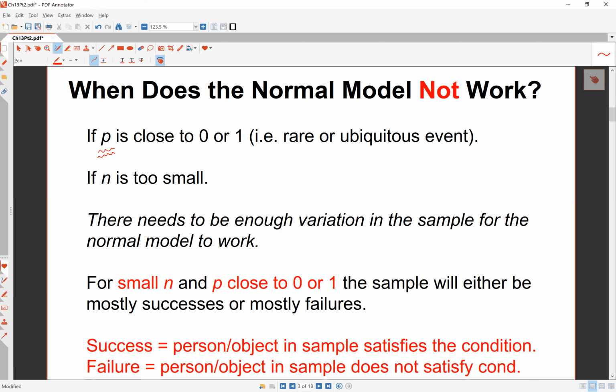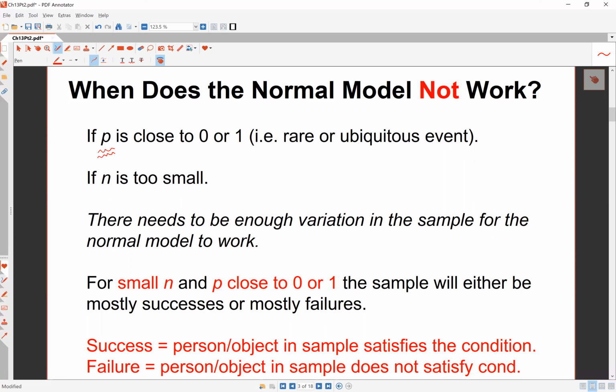What does it mean if p is close to 0? That means we are dealing with rare events. Like, it is rare that someone is taller than 6 feet 8 inches. Very few people in our sample would satisfy that criterion. On the other hand, if p is close to 1, we're dealing with a ubiquitous event, right? Something that happens all the time.